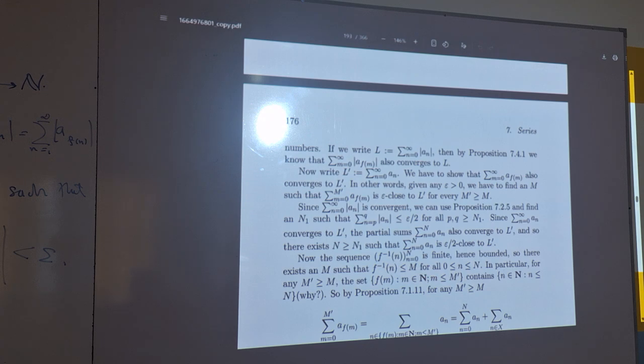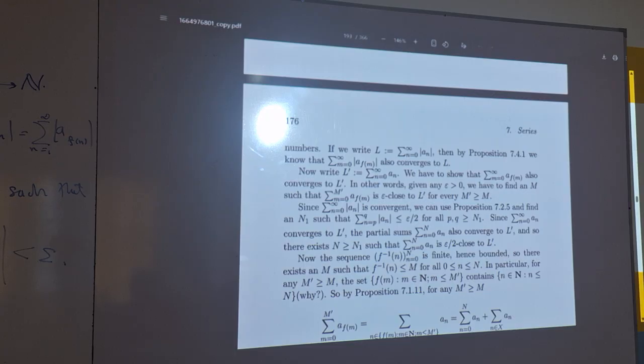In particular, for any capital M dash greater than or equal to M, the set of all m belonging to N with m less than or equal to M dash contains the set of all n belonging to N with n less than or equal to N. Why is that?